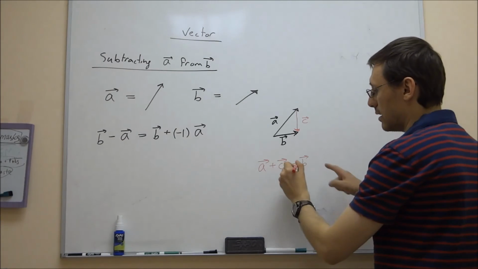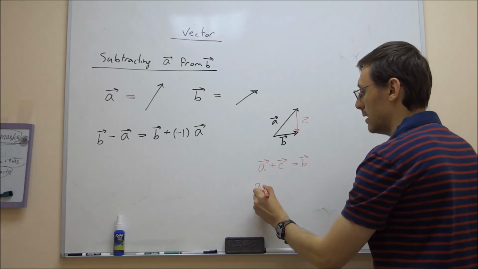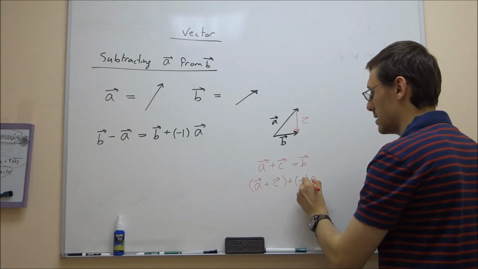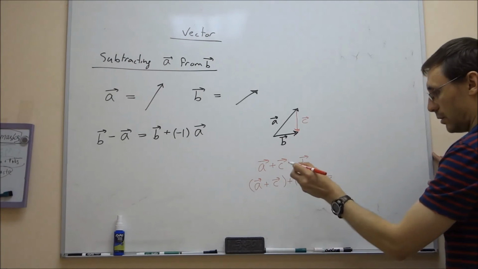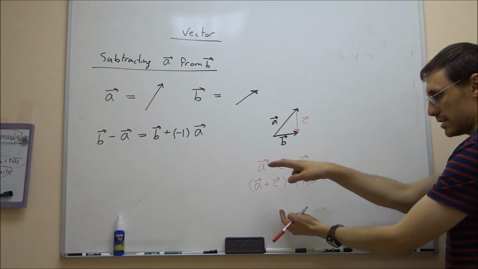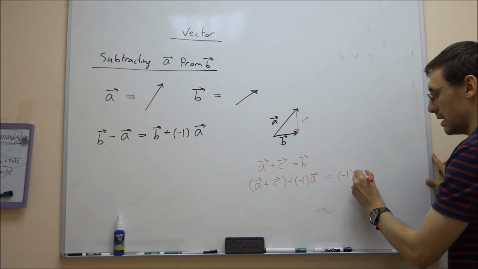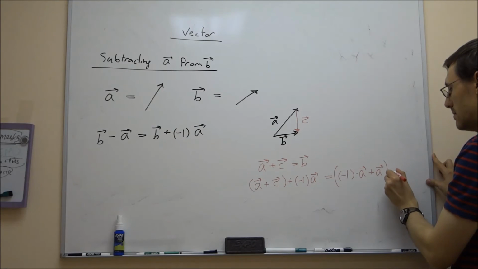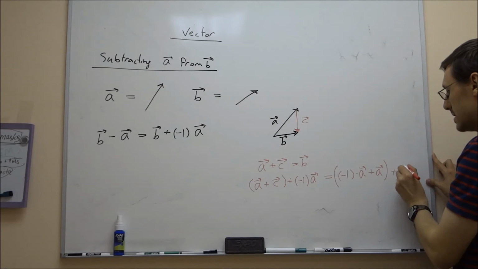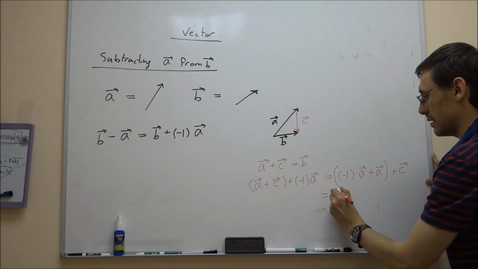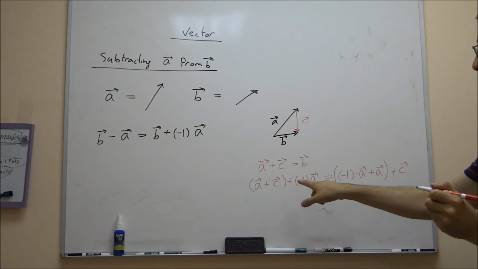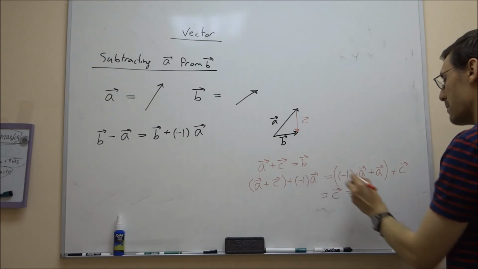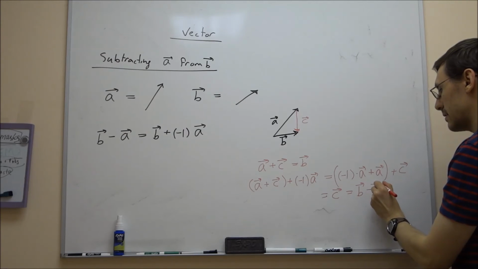Therefore, doing it algebraically, if I now subtract from both sides A, so I take A plus C plus minus 1 times A. According to the laws we showed, we can just switch their position, so we can add it as minus 1 times A plus A plus C, and that gives us just C. But on the other hand, this equation gives us the vector B minus A, right?